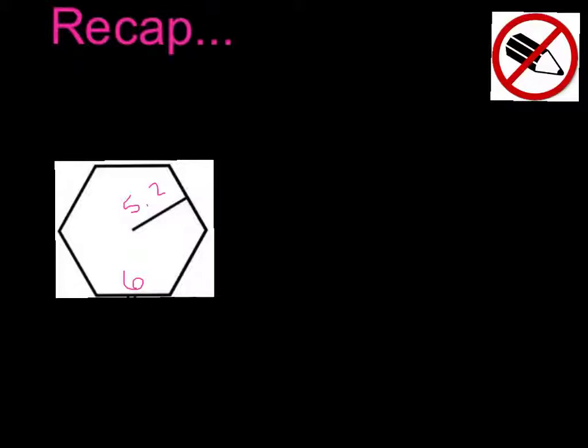The area of a regular polygon formula is A equals 1/2 AP, where A represents the apothem and P stands for perimeter.